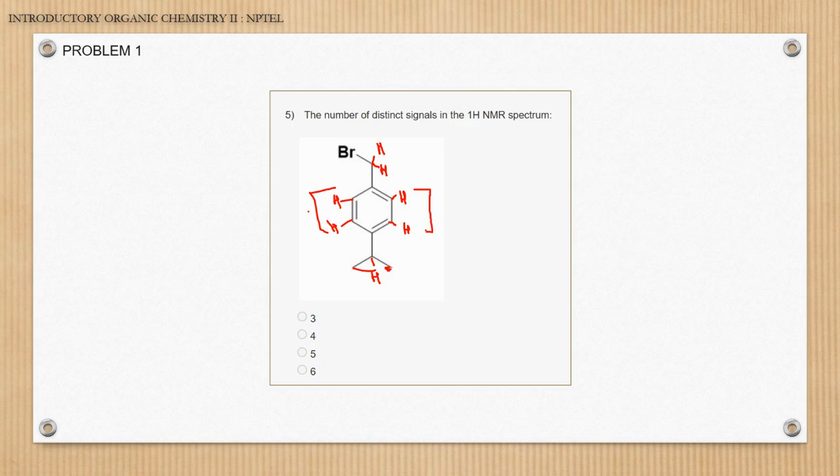So is it so? Can these 4 hydrogens show similar chemical shift values? Are these 4 hydrogens identical? No. Because these 4 hydrogens are facing different environments.